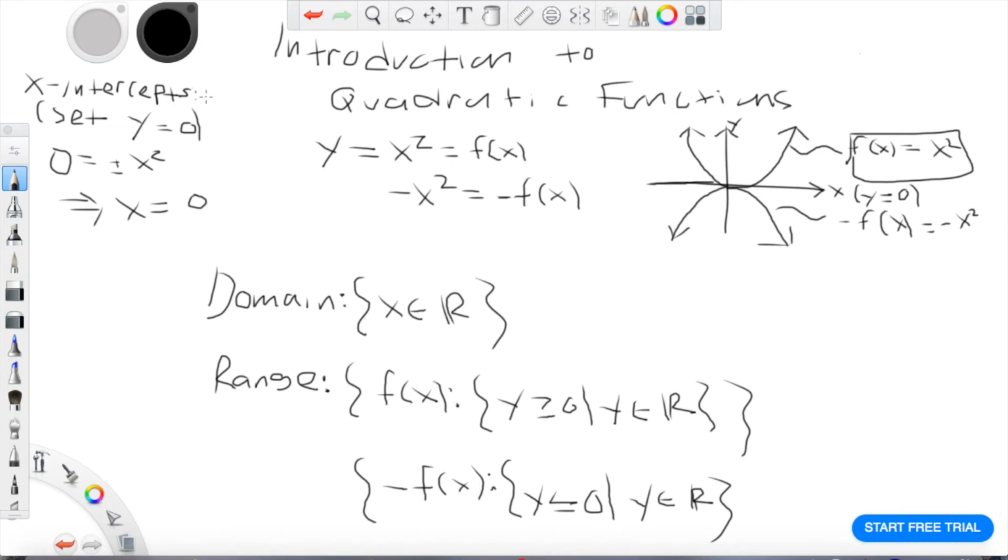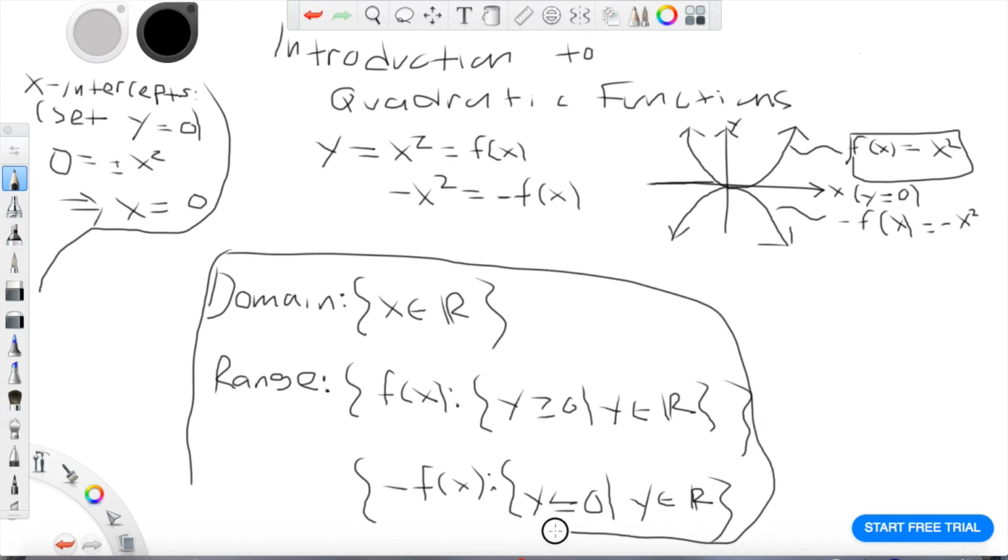What about our y-intercept? So here, let me just make some room here. Let me just put a little box around it. To get the y-intercept of this function, we set x equal to 0.